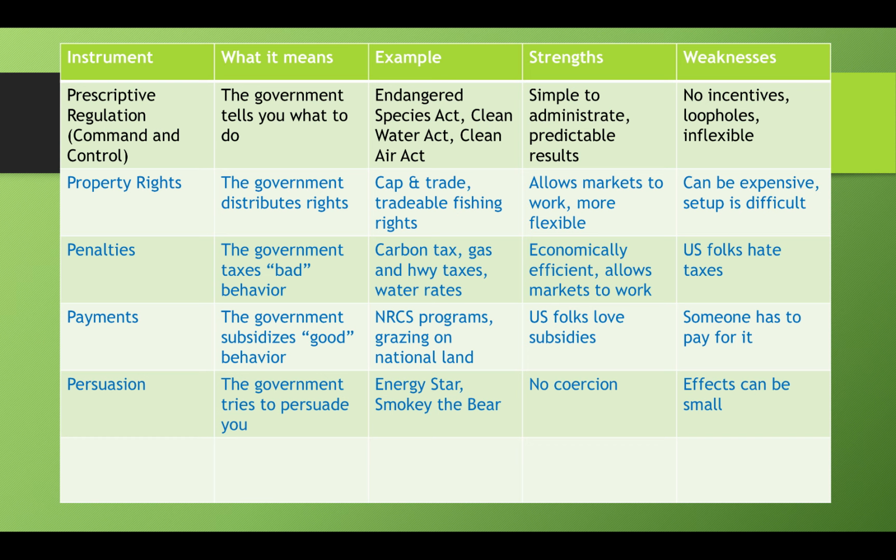Our next example is persuasion, and this is when the government tries to persuade you about changing your behavior. One of the really good examples of this is when the government gives you information, like the Energy Star program, although that one may be on the chopping block.